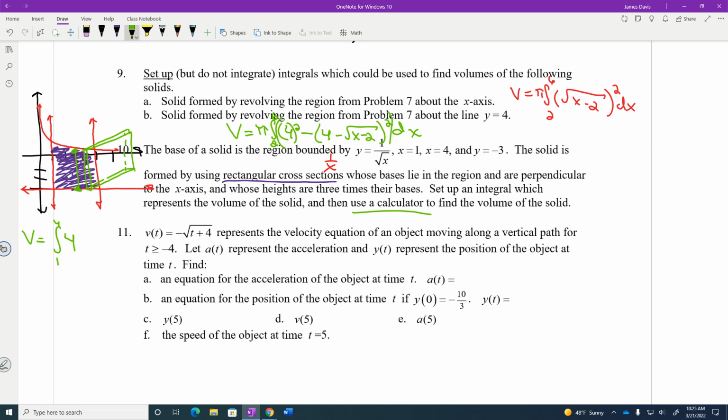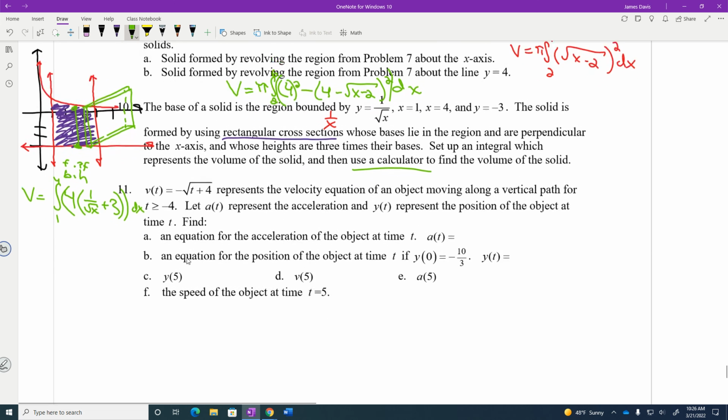So if this is just 1 times whatever we decide this is, and this is 3 times of it, it's just like the base times the height. So it just becomes 4 times whatever that is. And the function would just be this amount, but we need to add this extra. Yeah. So essentially just the function plus 3, right? Or the function minus -3. So either way you want to look at that, it would be 1 over the square root of x plus 3 dx. We can finish that part tomorrow.